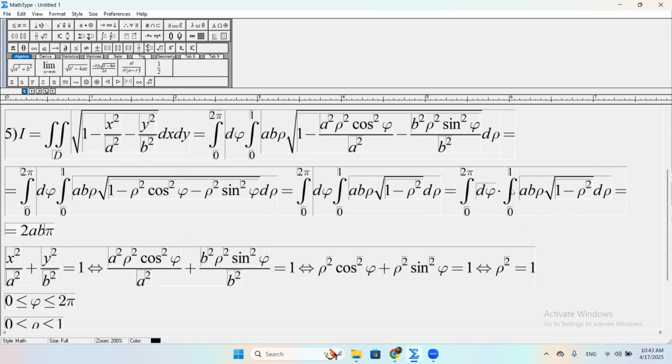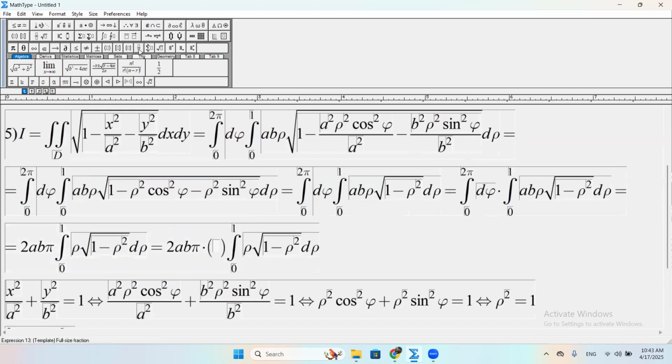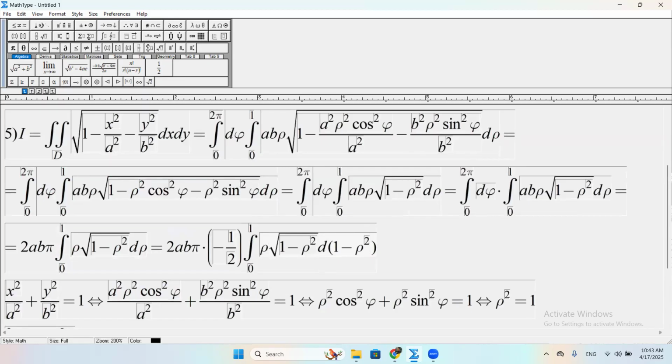So now let's move A and B out of the integral. And now we will use the differential entry technique. So what we have here: minus 1 over 2, and the differential over this expression, and rho will be erased.